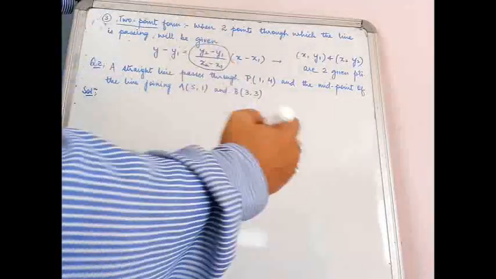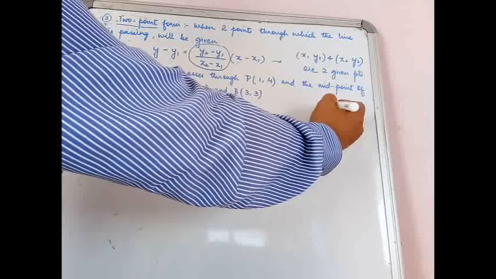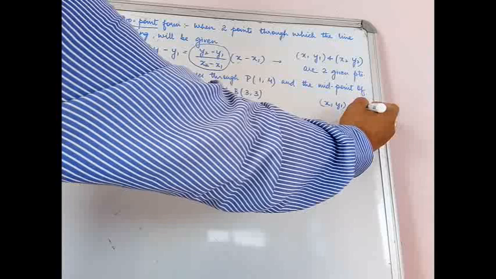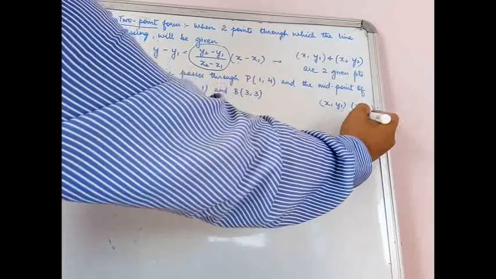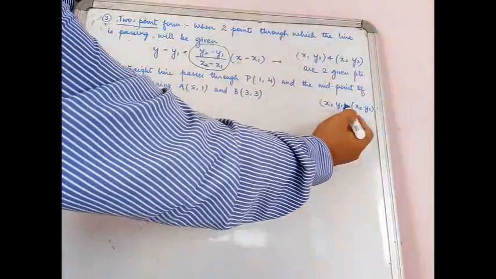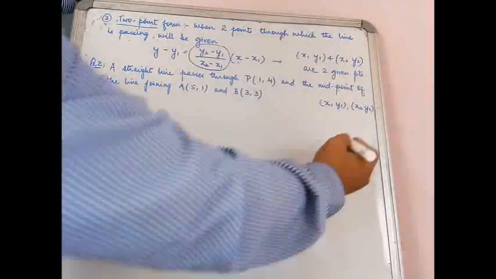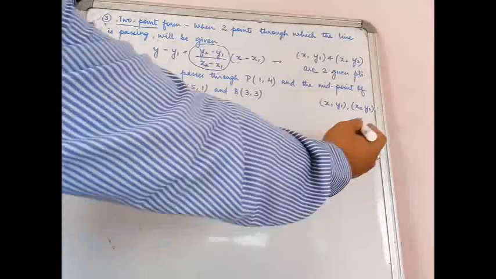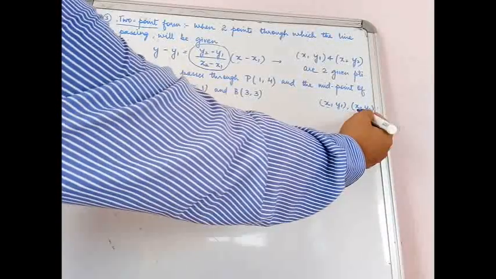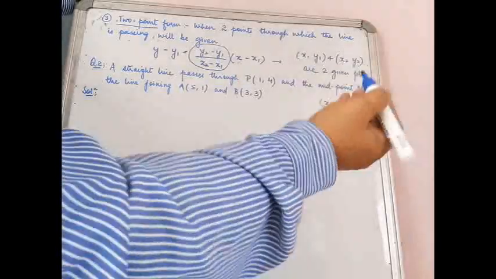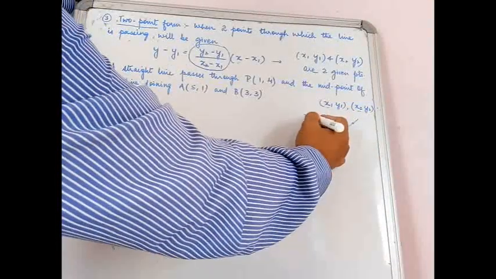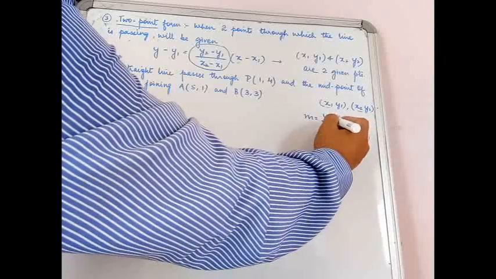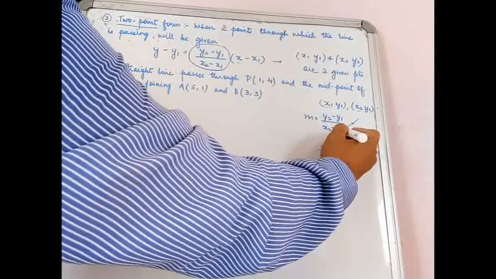So if you remember in the previous lecture, I had informed you about the slope of a line passing through the 2 points. So suppose these two are the points through which the line is passing. Suppose this is the line, this is 1 point and this is another point. These 2 points are there. One is x1, y1, the other one is x2, y2. So what was the slope of such a line? Slope of such a line was (y2 minus y1) upon (x2 minus x1).